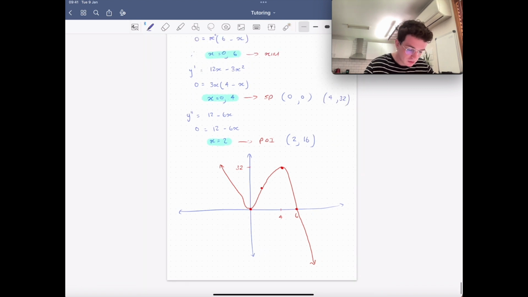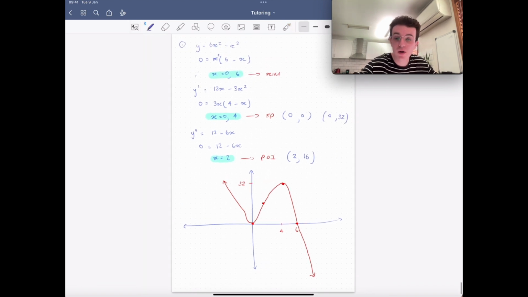Some important things we're going to note about this, and this is really where it's going to relate to our velocity, acceleration, displacement graphs, is that my original graph was cubic. It was a cubic function. Its leading term was x cubed. The derivative was x squared, a parabola.